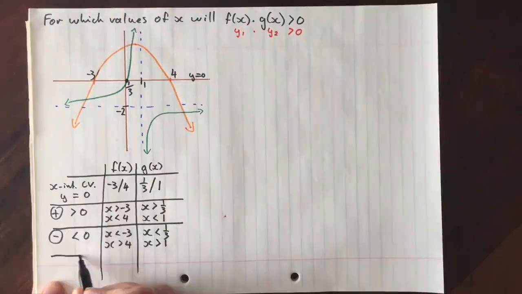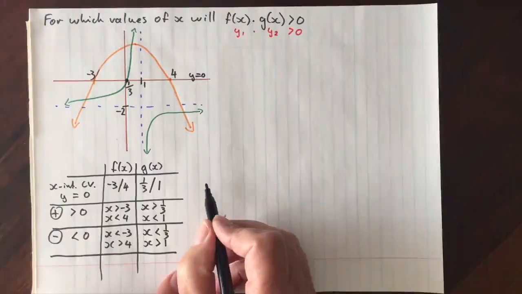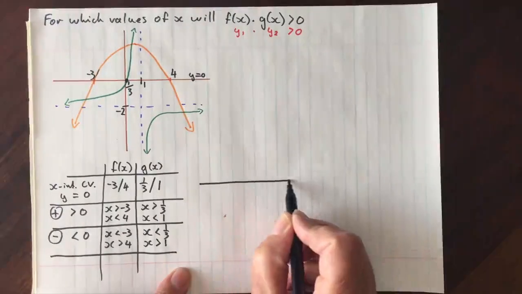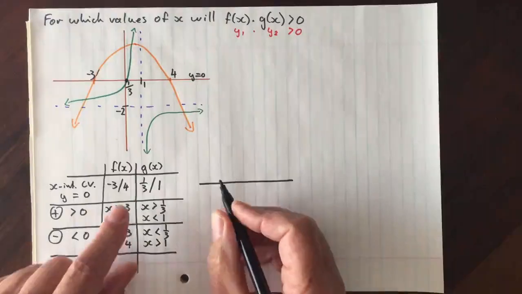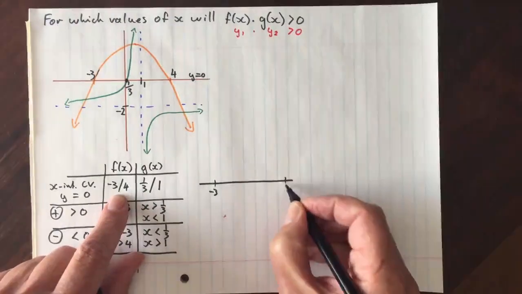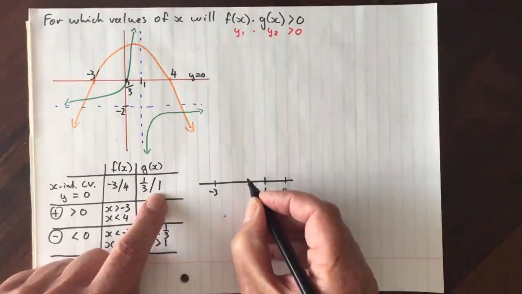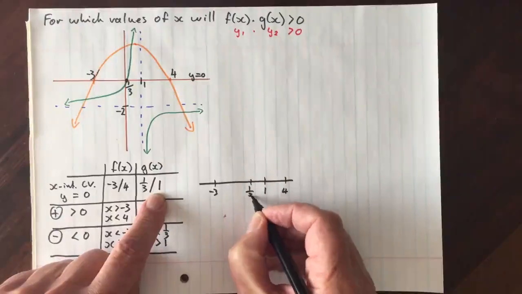Now, once we gather all this information, let's use our number line again. Now, actually, we have 4 critical values over here. We have a -3, and there's my 4. Then I have a 1, that 1 over there, and a third over there.